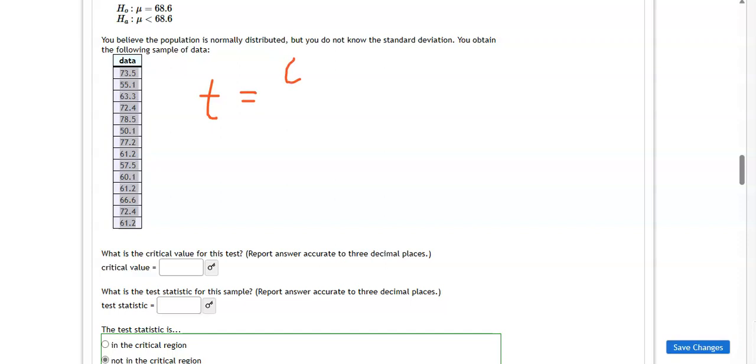We're going to do our mean of 65.02. I apologize for my almost first grader like writing with my stylus, or not my stylus, but my mouse. And we want to subtract 68.6.